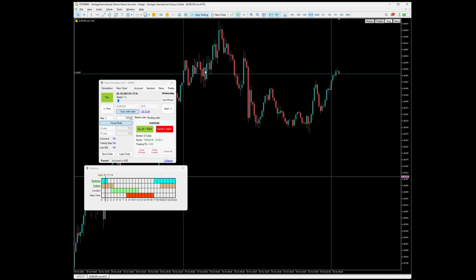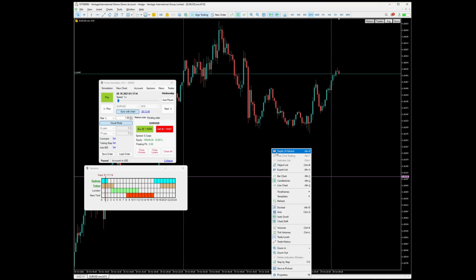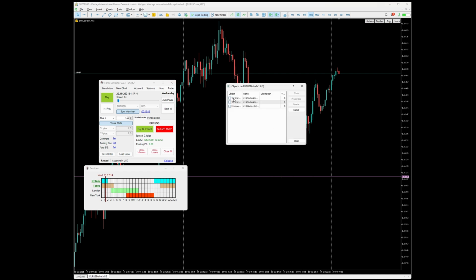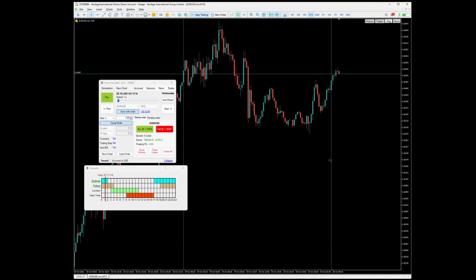All right. Trades and sessions, we want to see the session as we normally did, and we want to map our levels. So we need to first clean the chart from previous trades. There we go.